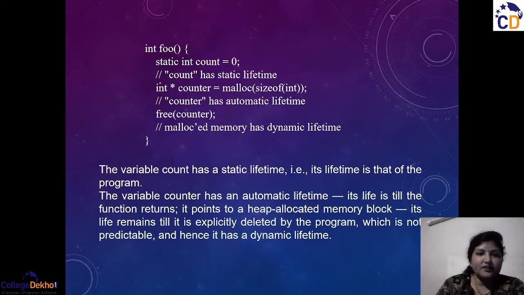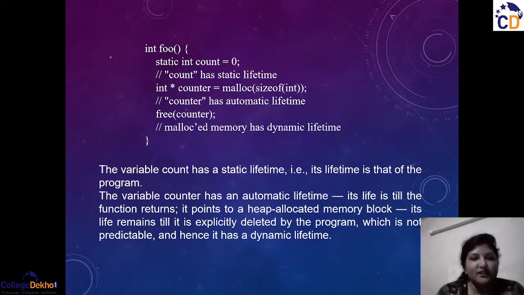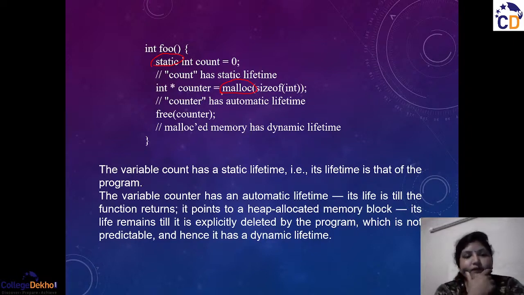Now let us see this program also. We have one function, that is info. We use the static keyword for defining a static variable. For defining a dynamic variable, we may use malloc. So let us see some examples. Static int count = 0: count has static lifetime.